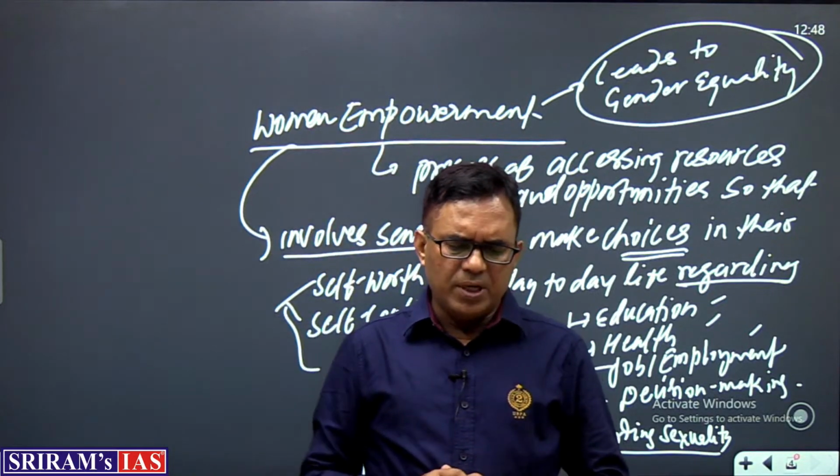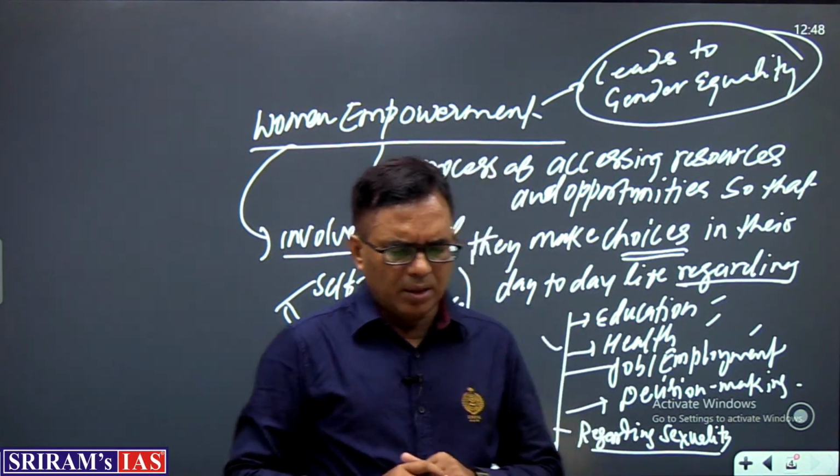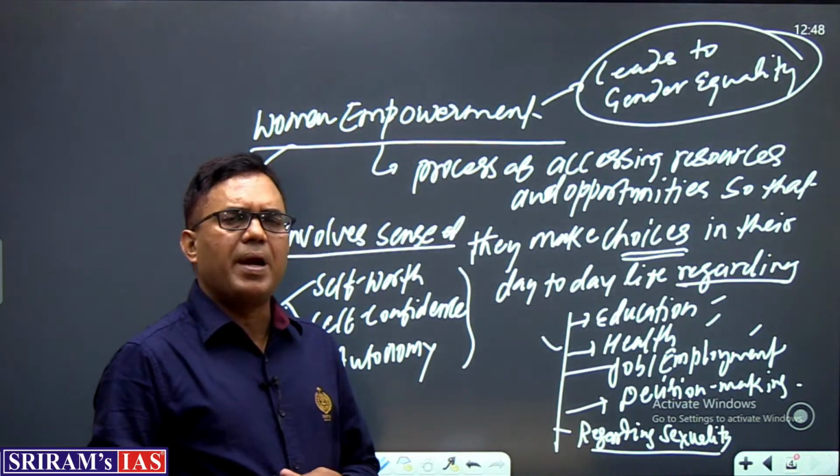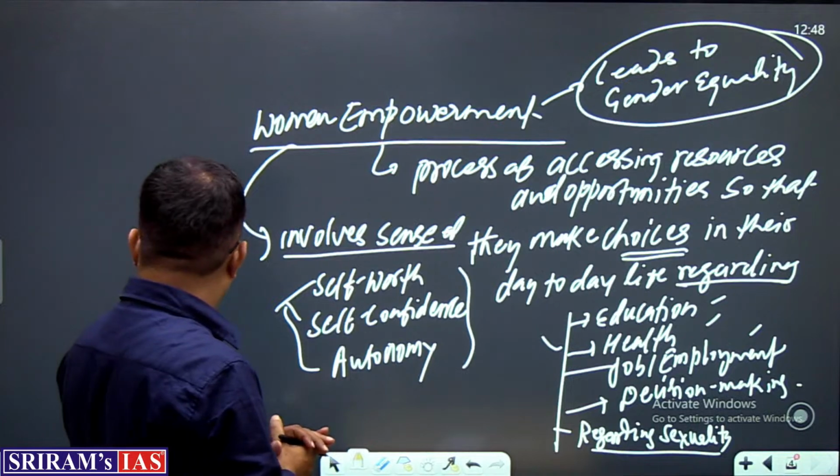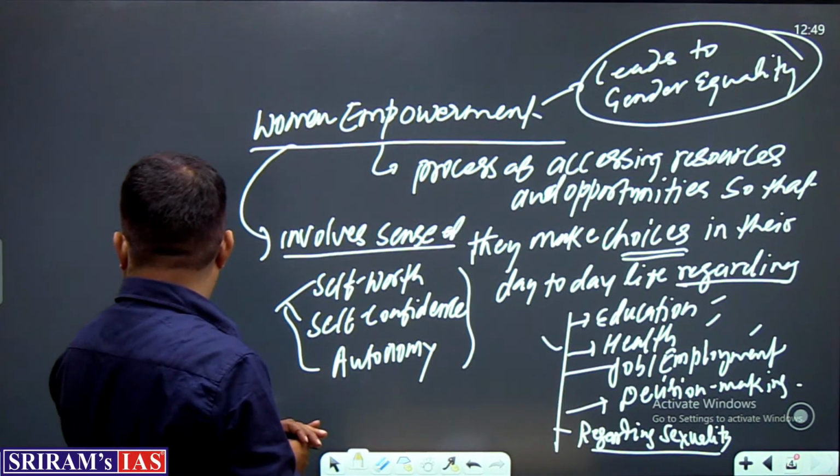The importance of gender concerns in the designing and implementing of government policies and programs. And the third part of the question was how we can go for this matter.